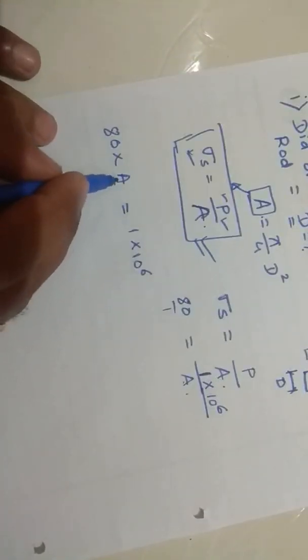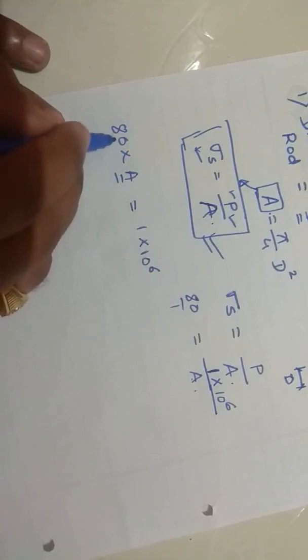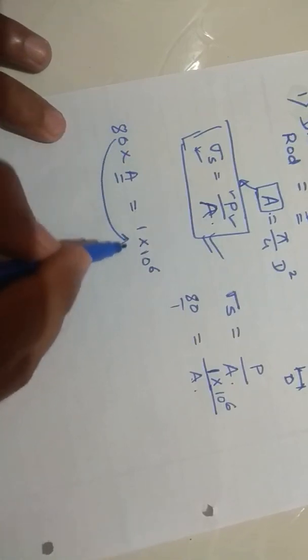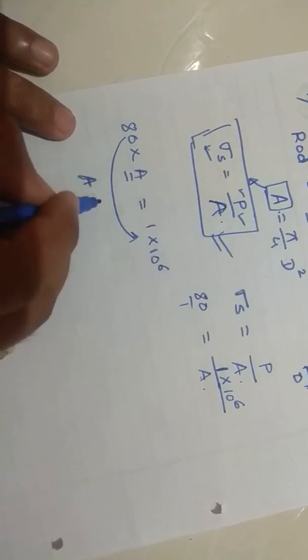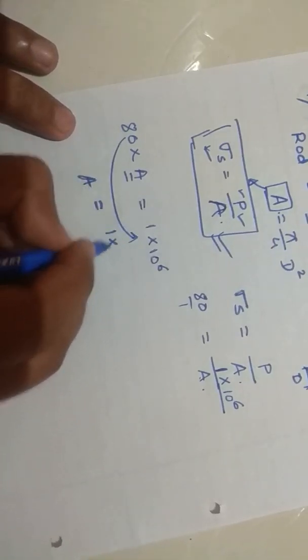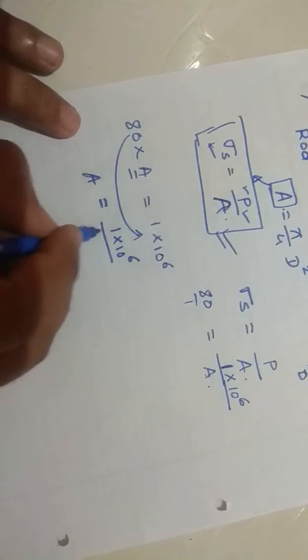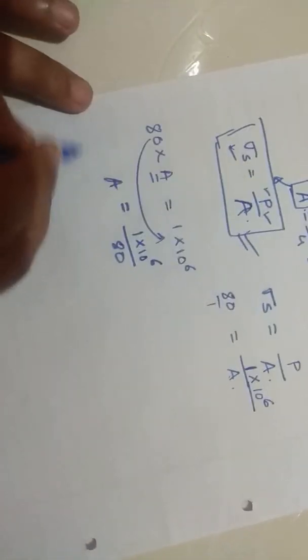Now the unknown term is A. 80 Newton per mm square, shift to this side, then we have A is equal to 1 into 10 to the power 6 divided by 80.